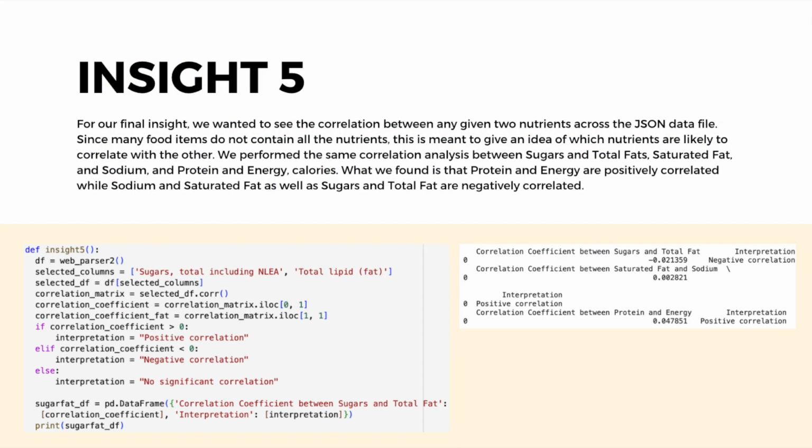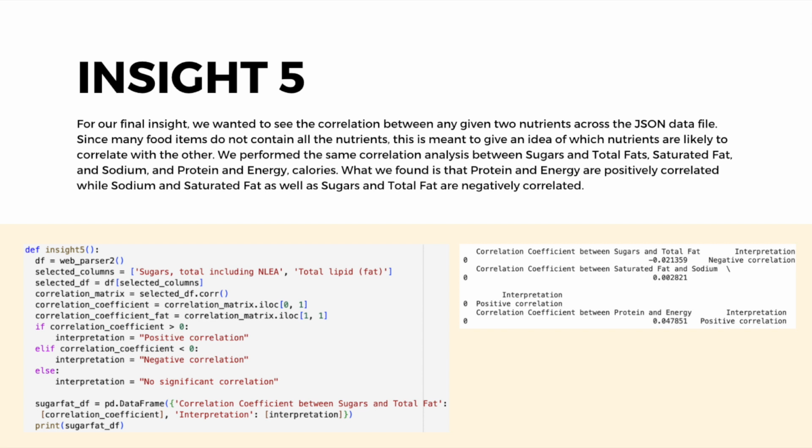For Insight 5, we use the JSON file data, which is just a massive compilation of nutrition facts across about 7,000 food items in your everyday grocery store. So we performed this correlation analysis between sugars and fats, saturated fat and sodium, and protein and energy, which is calories.